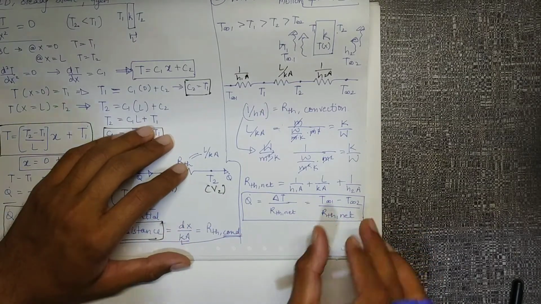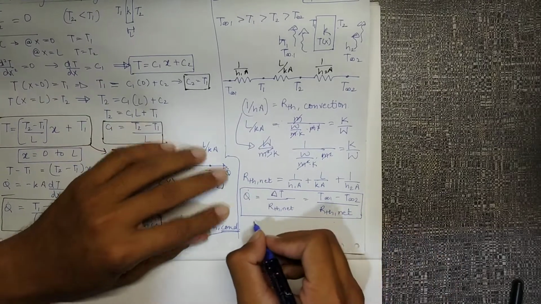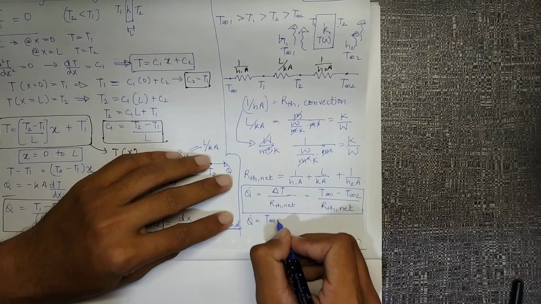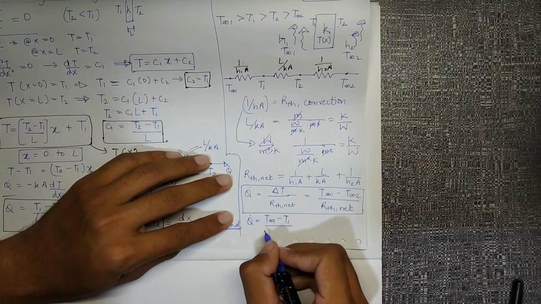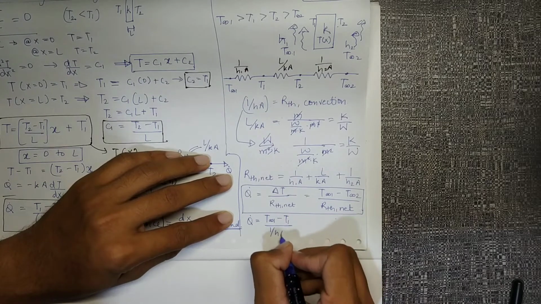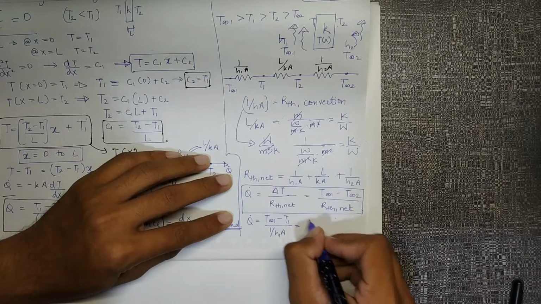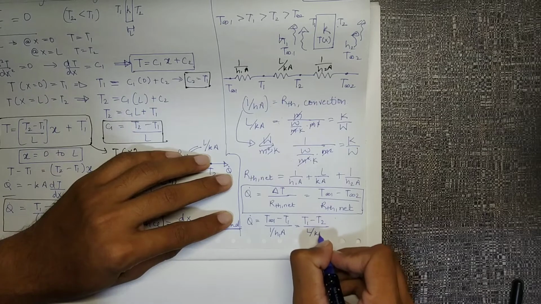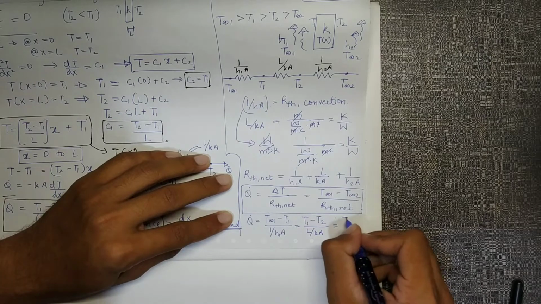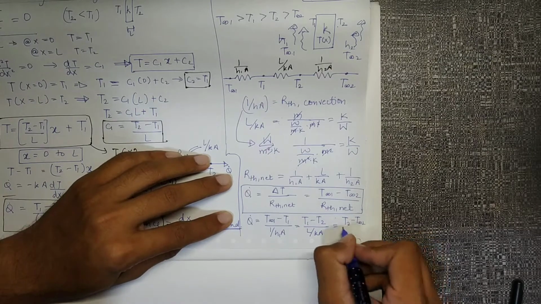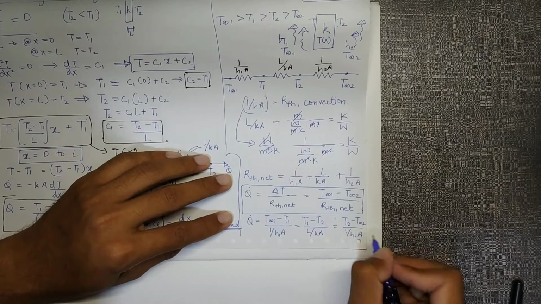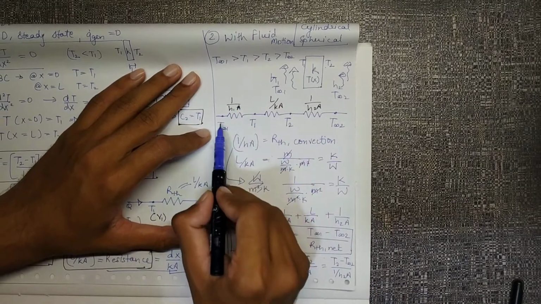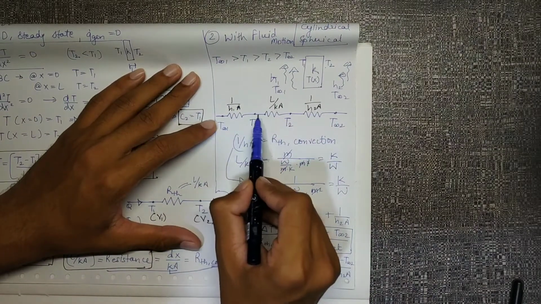We can also write separate expressions, because my Q dot will also be equal to T infinity 1 minus T1 upon 1 by H1A, which is equal to T1 minus T2 upon L by KA, which is equal to T2 minus T infinity 2 upon 1 by H2A. These three are also equal because the same heat is moving from this end to this end.